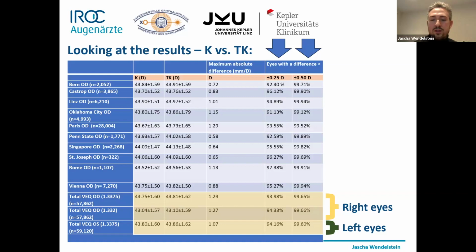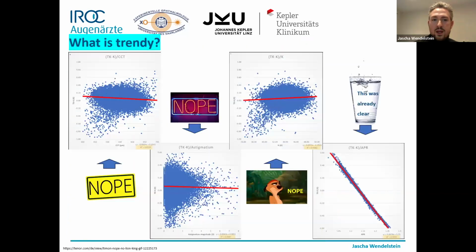But we wanted to have a deeper look into that and looked at whether we could find some trend errors, or figure out some eyes that were prone to larger differences. If you look here at the difference between TK and K values plotted against certain values like central corneal thickness, you can see there's no trend. If we plot it against astigmatism magnitude, there's no trend to be observed.